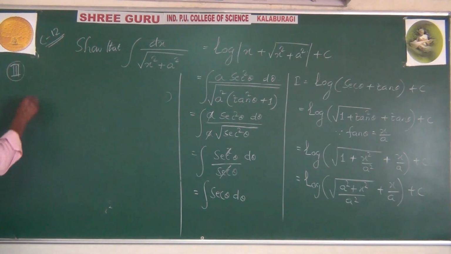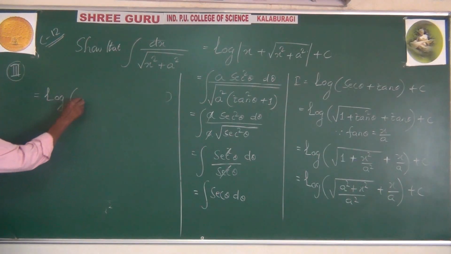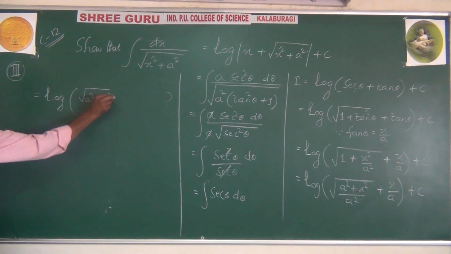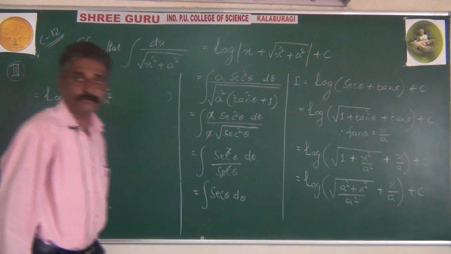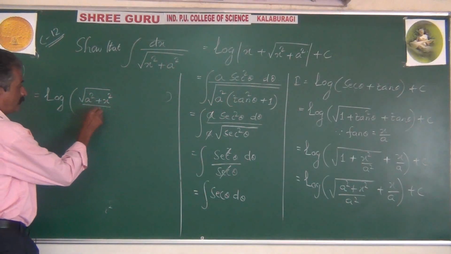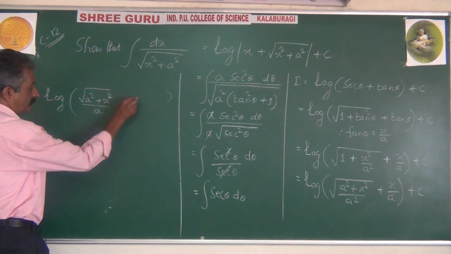Further, equals logarithm of bracket root a square plus x square. This is square root of a square; square root of a square is a, plus x by a, plus c.